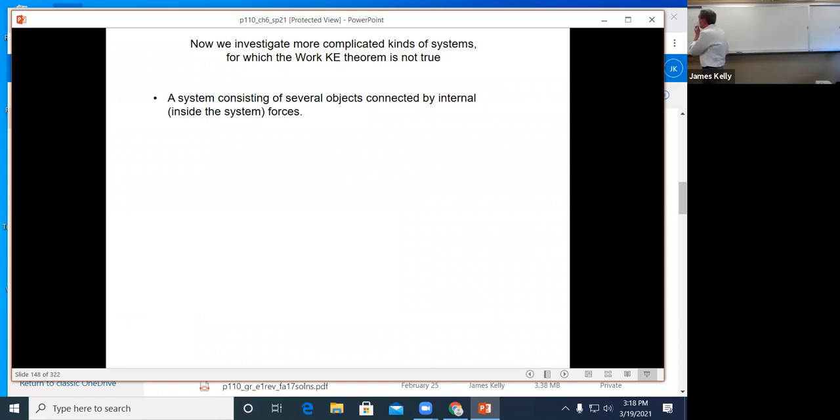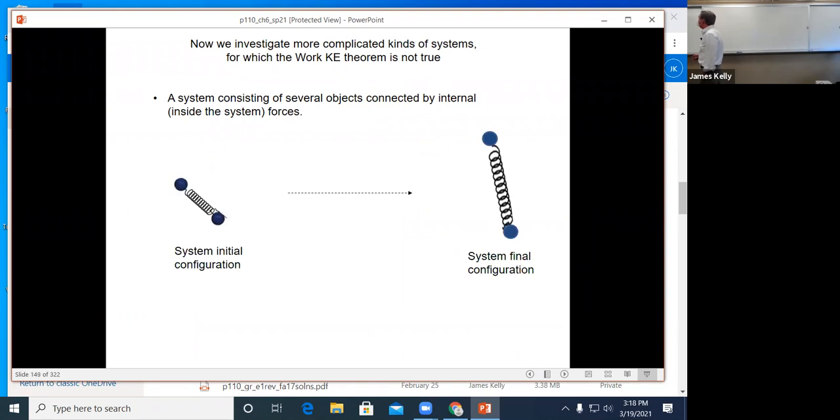Okay, so now let's go on to more complicated kinds of systems for which we're going to find out the work kinetic energy theorem is not true. You can do work on an object and you won't see corresponding changes in kinetic energy, okay? So any kind of system, and I'm going to use 2 masses connected by a spring as an easy example of this kind of system.